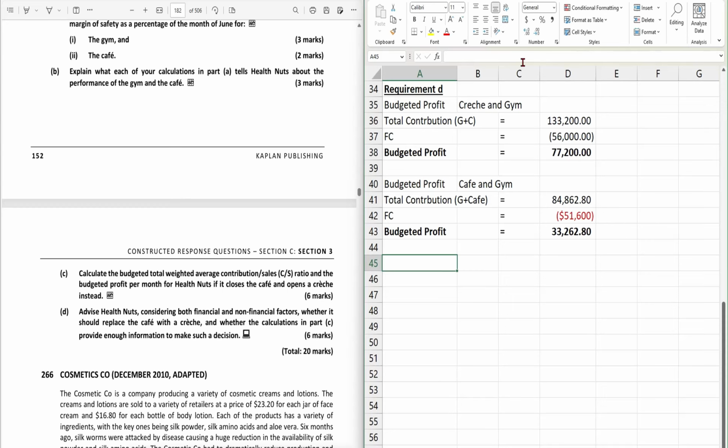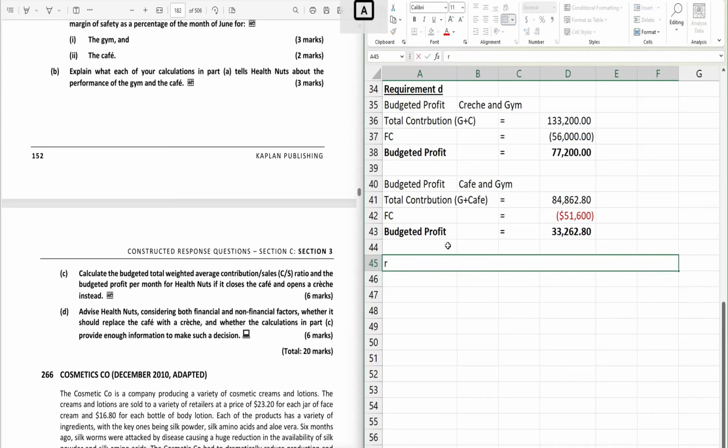Okay, so let's have an explanation for the same. From the start, we can see that profit from the cafe is only, you must put the dollar sign, it shows the monetary value, $262.